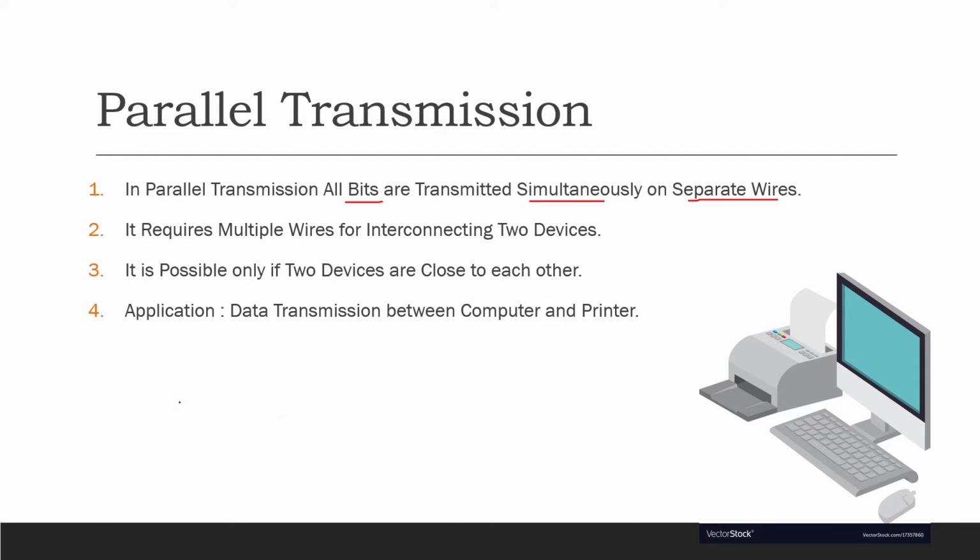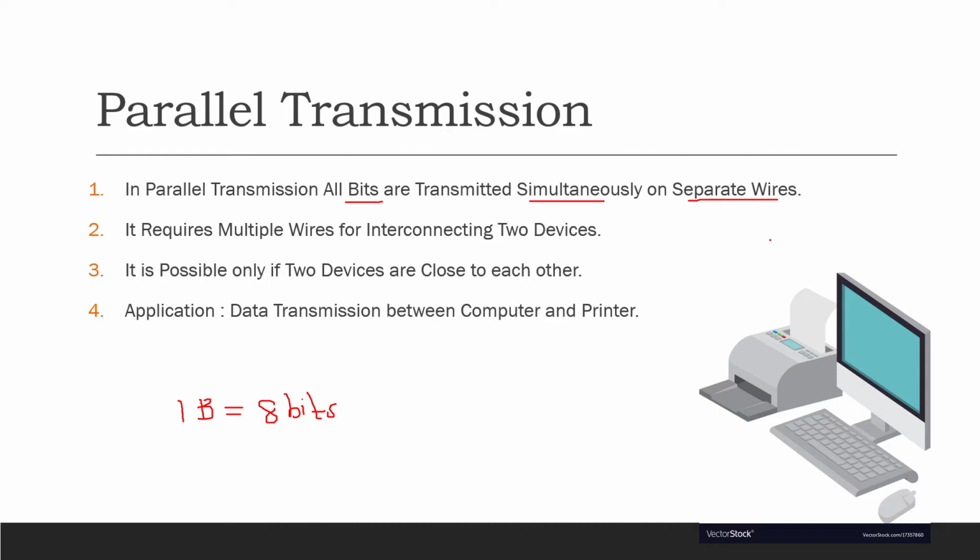Now, one thing you should know is that 1 byte of information is equal to 8 bits. So when we are going to transmit 1 byte, it means we are going to transmit 8 bits simultaneously on separate wires.